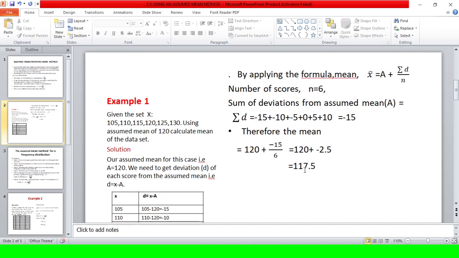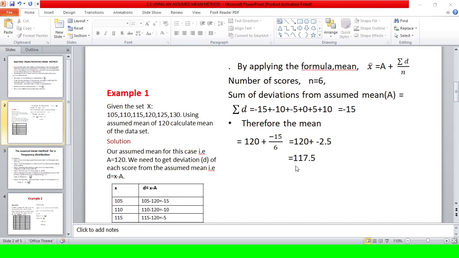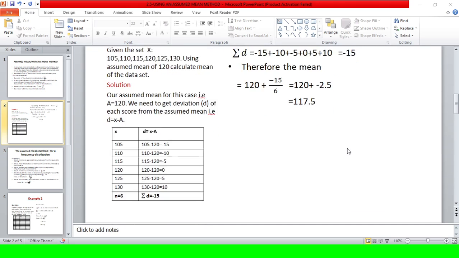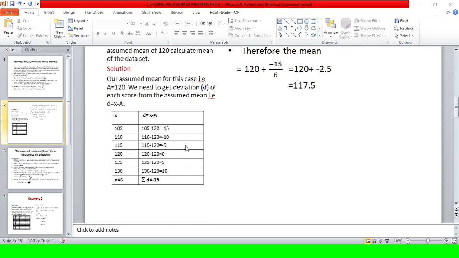So we will apply the formula, the mean. X bar is equal to the assumed mean A plus sigma D over N. So we need to calculate sigma D. So in the table here, we find the summation of the column of deviations D. That is adding these values: negative 15 plus negative 10 plus negative 5 plus 0 plus 5 plus 10 gives you a total of negative 15.